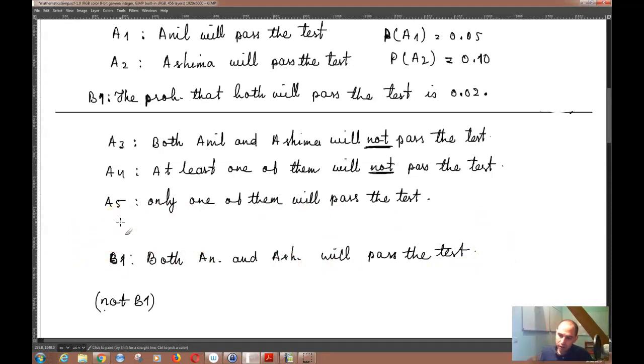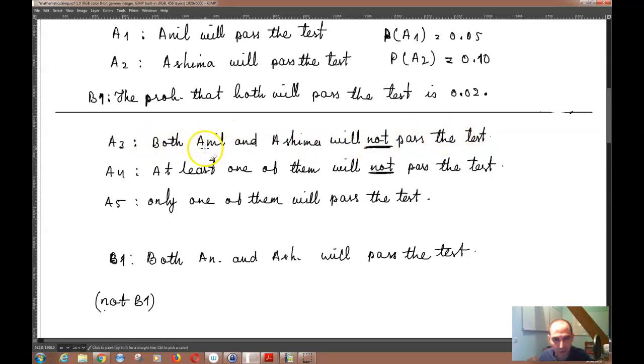And there are many other different ways that I can think about this. I could say that I have to negate this statement, so when I say both Anil and Ashima will not pass the test, this statement means that none of them will pass the test.